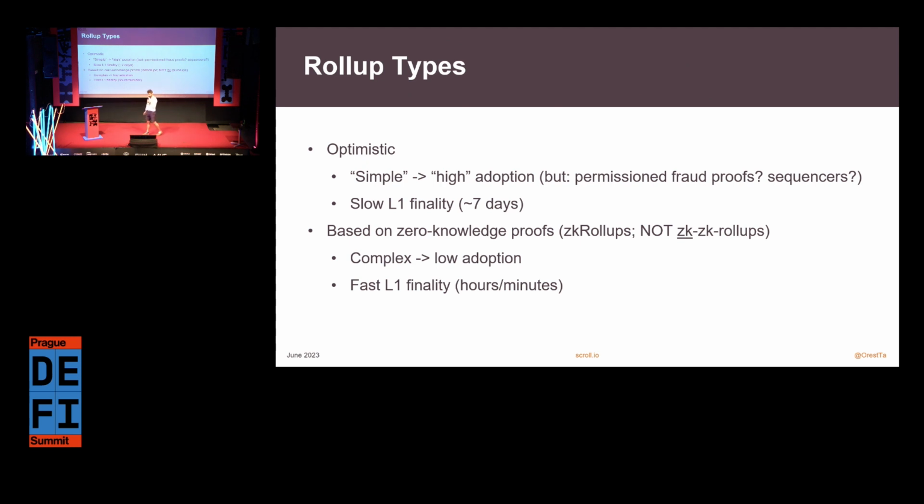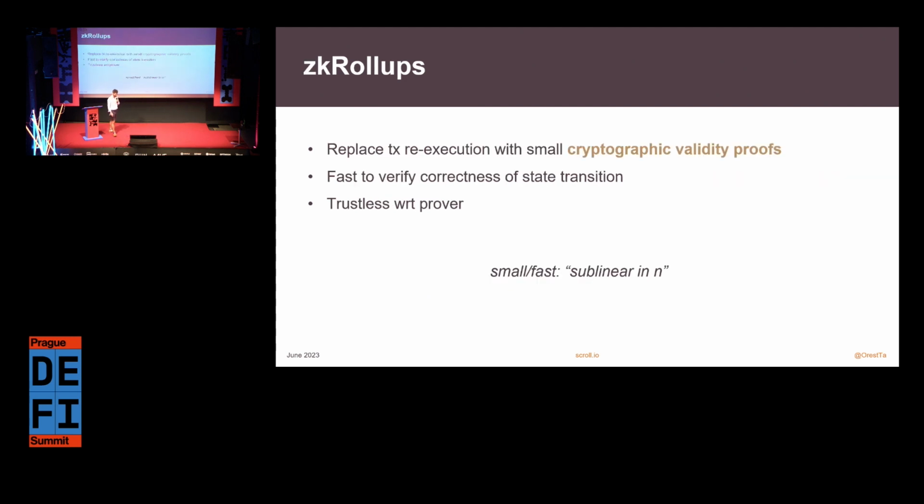The problem with these is they are more complex, and there's less adoption. And a note here: ZK rollups are not ZK rollups. That is to say, ZK rollups have nothing to do with the privacy-preservation property of zero-knowledge proofs. They only use the succinctness property, the S in SNARKs, of zero-knowledge proofs. Rollups that use both are called zk rollups.